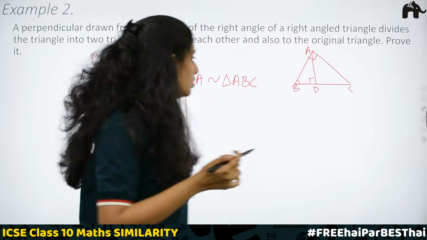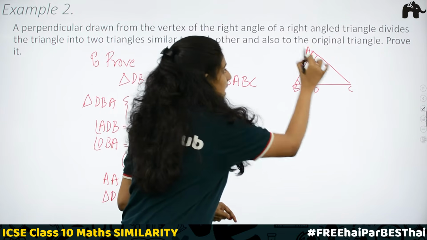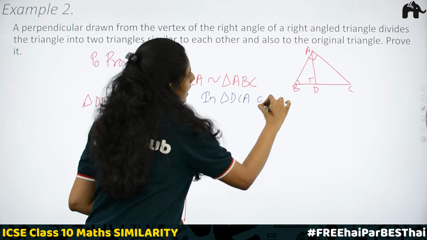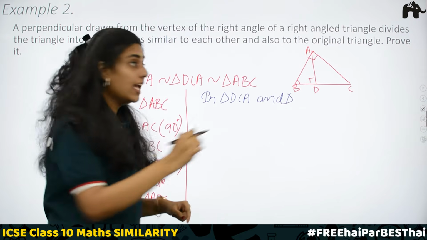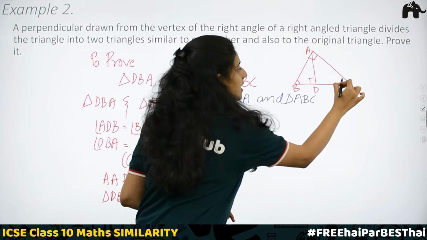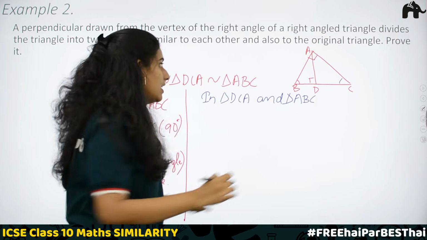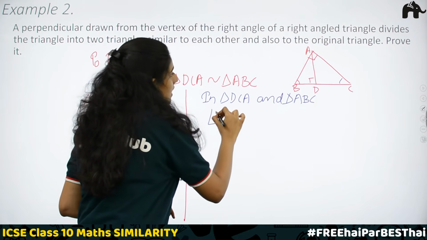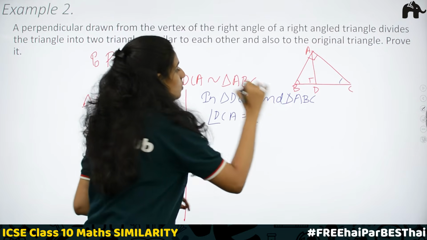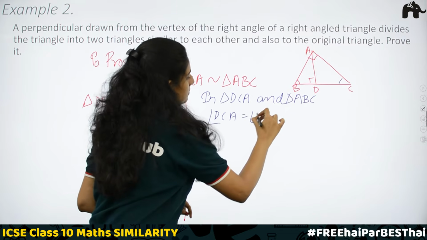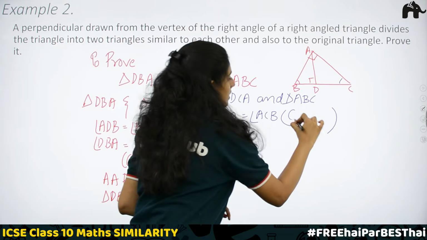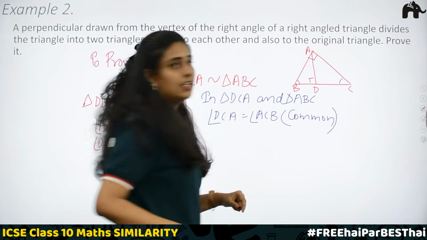Similarly, we are going to show the other part, that is DCA. In triangle DCA and the bigger triangle ABC, what are common? Angle C is common to both these triangles. That is angle DCA is equal to angle ACB. What is the reason? Common angle. Then what else?